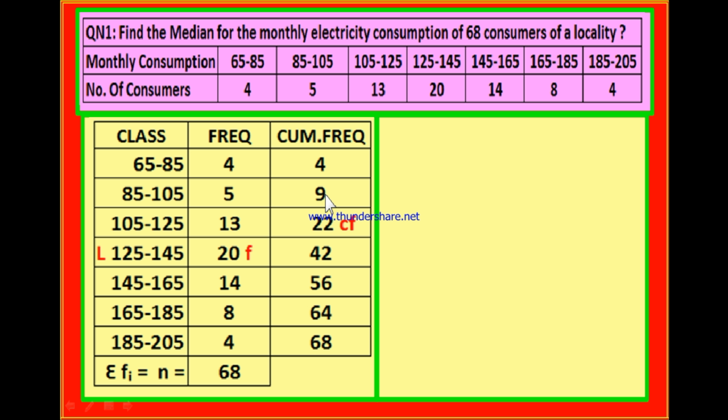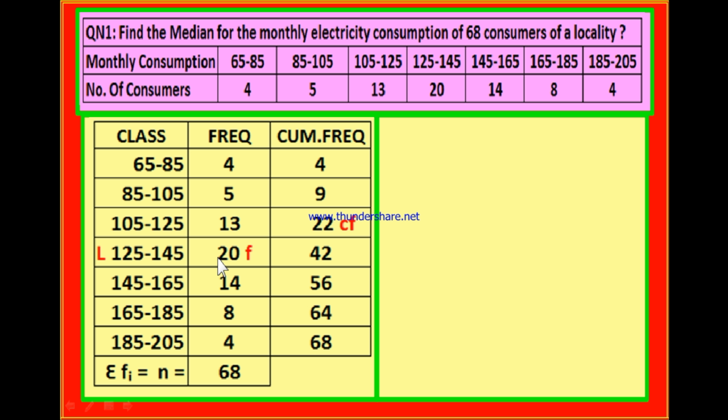Similarly, after 9, from 10 to 22, those 13 scores lie in this class. And from 23 to 42, those scores lie in this class. Therefore, in which class does this 34th score lie? In this class, this 34th score lies.